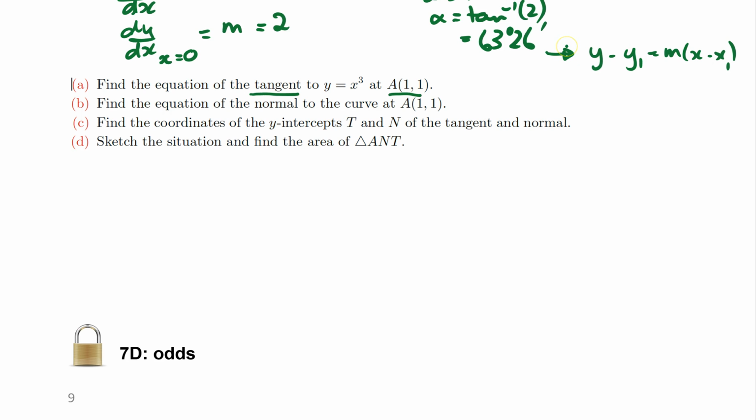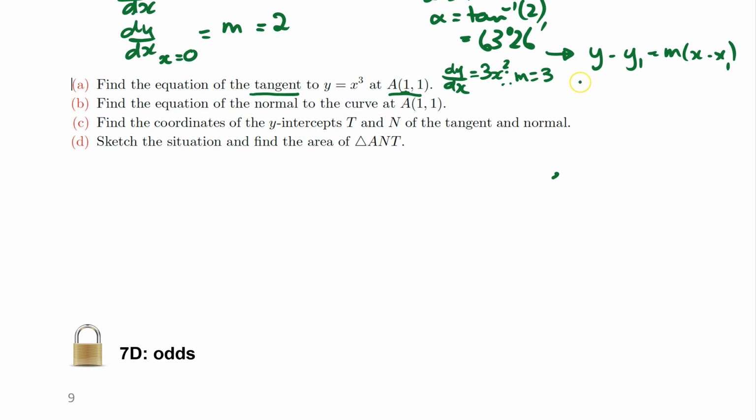So this is a key equation. For part A, the first step is find dy/dx. That's going to be 3x squared. So m is dy/dx when x equals 1, so that will be 3.